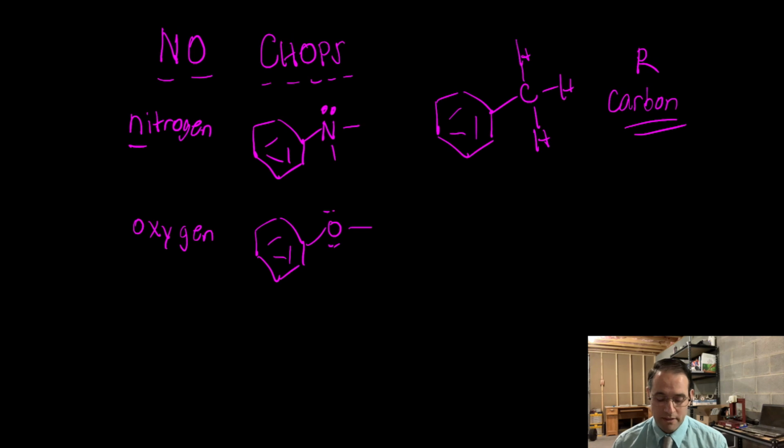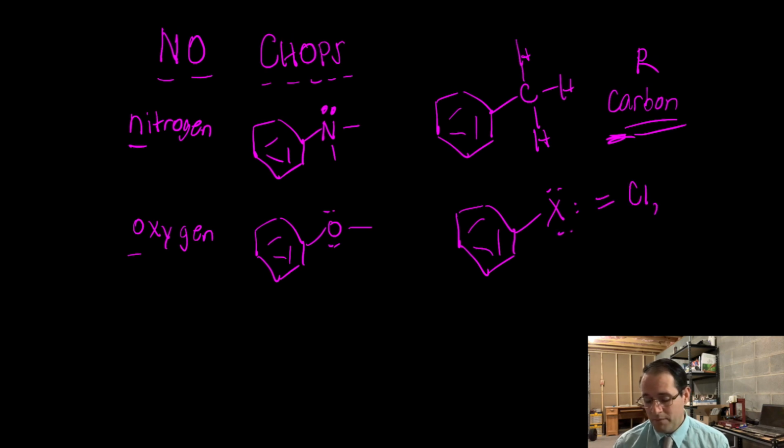So nitrogen, oxygen, carbon, and halogens, it turns out, are going to be ortho-para directors. Halogens can be chlorine, fluorine, bromine. You're going to see fluorine pop up again in this class. But again, it's just X. So remember, don't confuse X with Z. This is chlorine, bromine, could be fluorine, could be iodine, okay?